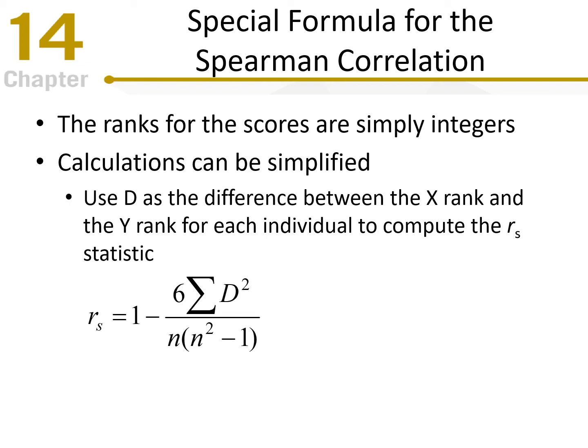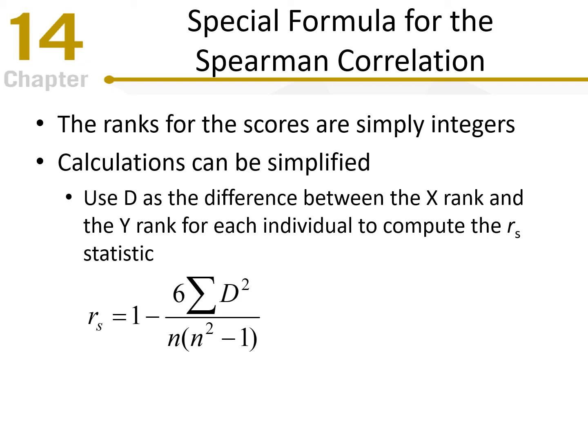And then once you do that, you can compute Spearman's rho using this formula, where D is the difference score. When you rank X and Y, D is the difference between the X rank and the Y rank for each individual. So if they rank 1 on X and 3 on Y, then D is 1 minus 3, which is negative 2.